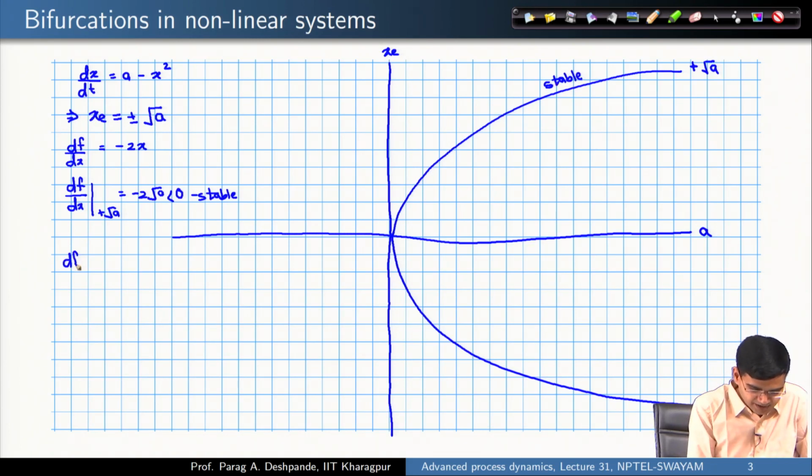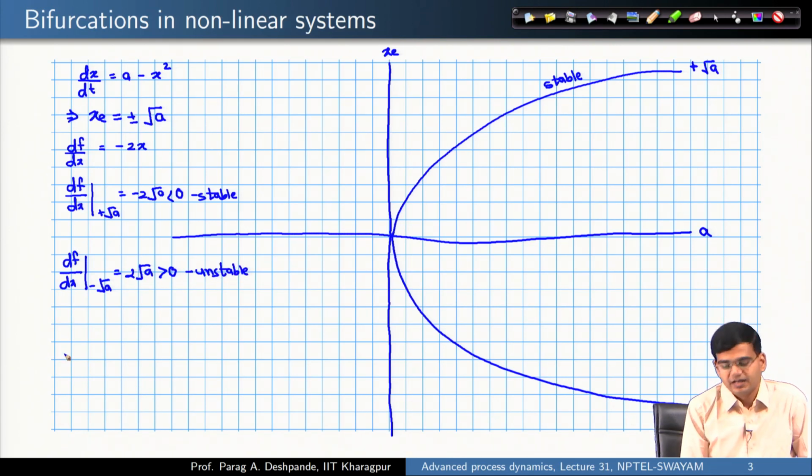And then df by dx at minus root a was 2 root a, which is always greater than 0, which means unstable, and this means this is unstable.